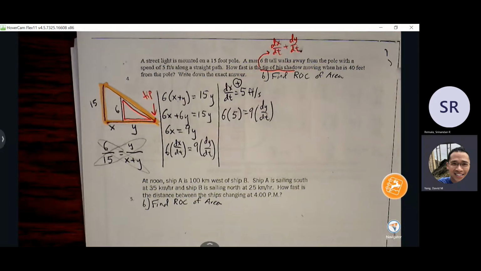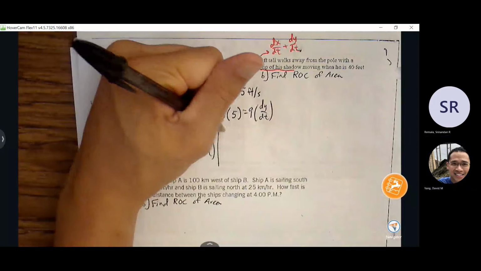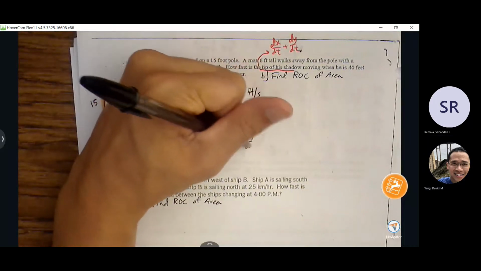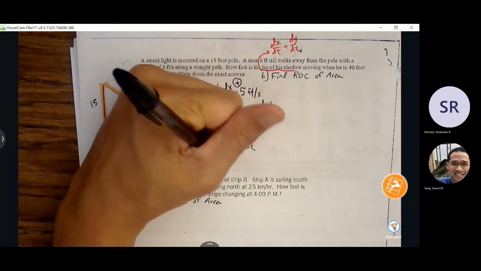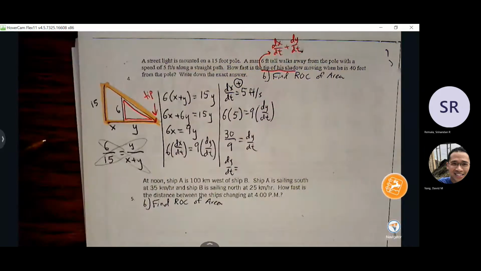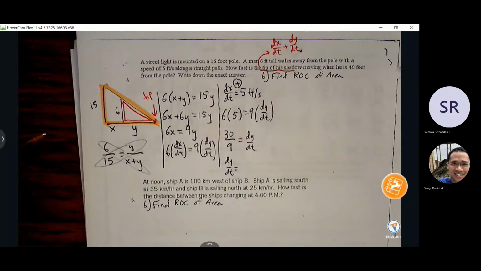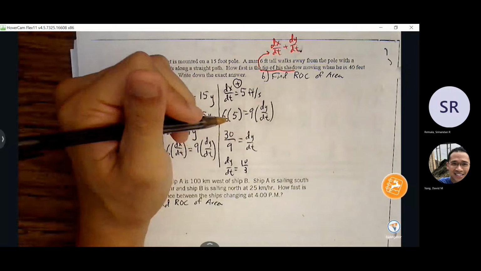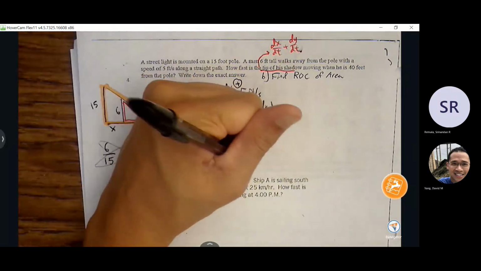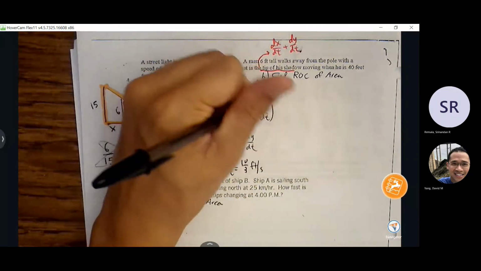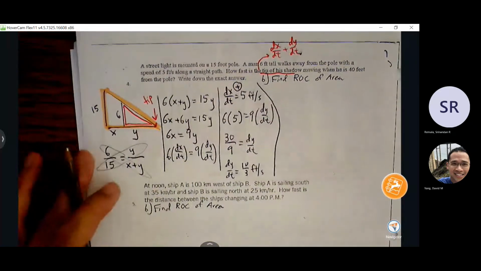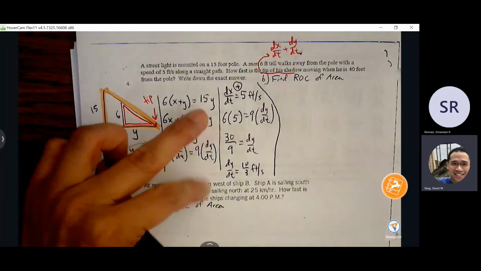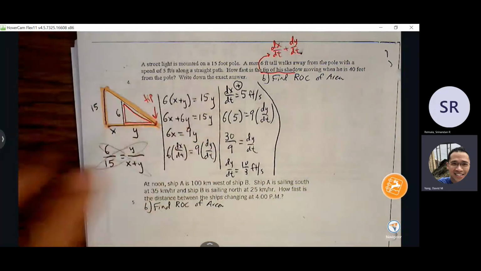Okay, divide both sides by 9 to solve for dy/dt. So the tip of the shadow is just going to be adding the two rates together, dx/dt plus dy/dt.